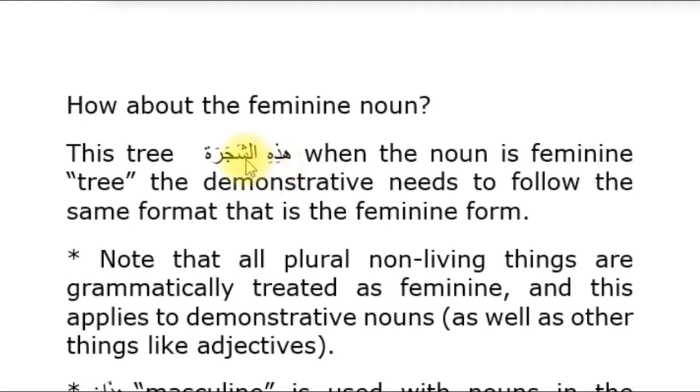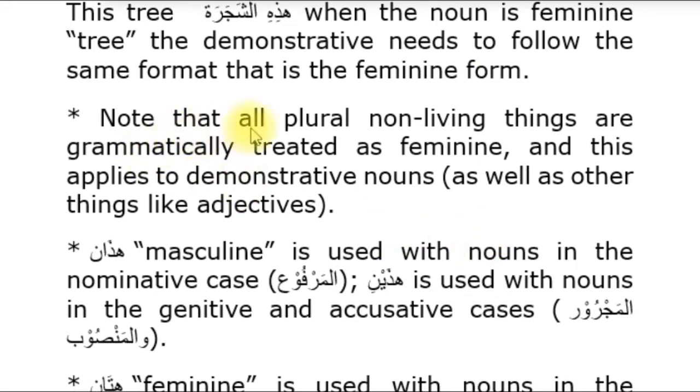When the noun is feminine, tree, شجرة, the demonstrative noun needs to follow the same format, that is the feminine form. Note that all plural non-living things are grammatically treated as feminine, and this applies to demonstrative nouns as well as other things like adjectives.